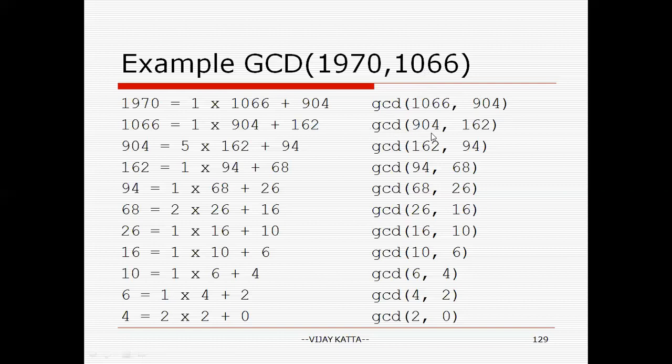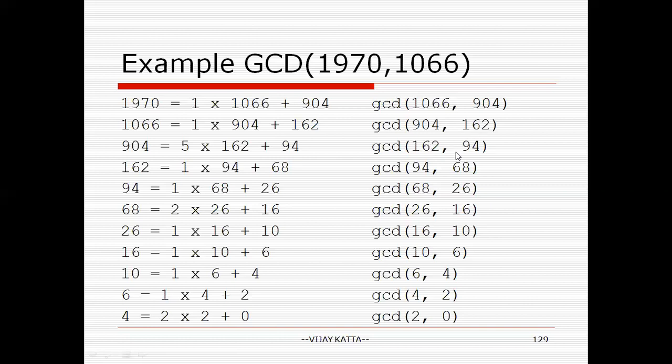In the next iteration, this value 904 will be the left part, 904 comma. Now this value will be calculated from 1066. We will divide by 904, and whatever remainder we receive, we will put the remainder value here. In the next round, this value will be transferred to the left side.